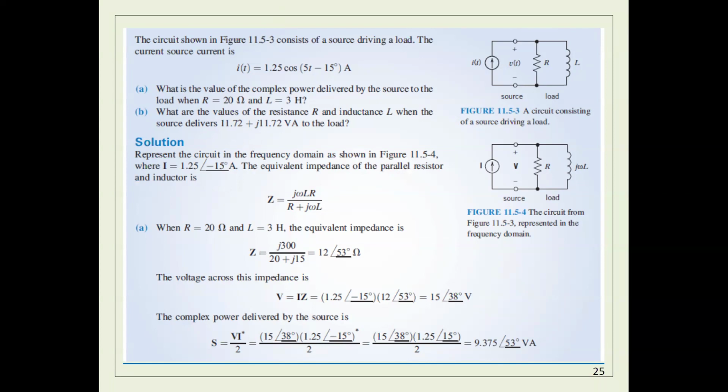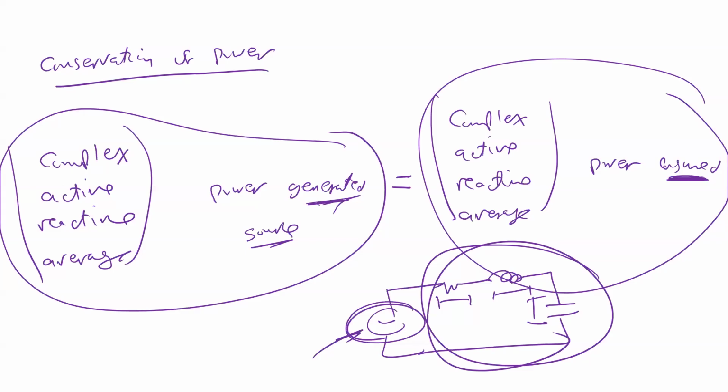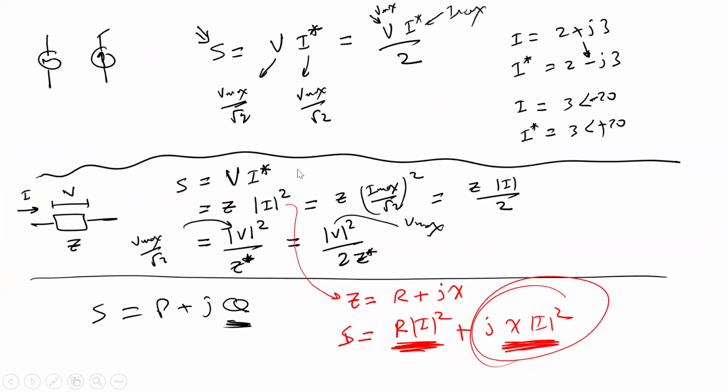If you go to the formula I explained, if you have I and you have Z, you actually don't need to get V. This is one way you can do it, but there is another formula I explained, which maybe is easier. When you use it, you find both of them give the same solution. Because I have I, it's enough.